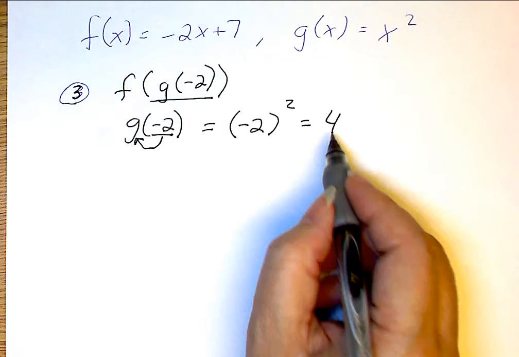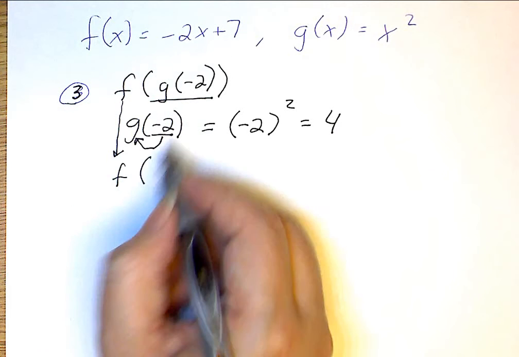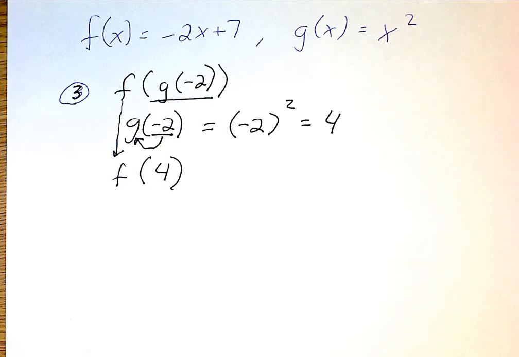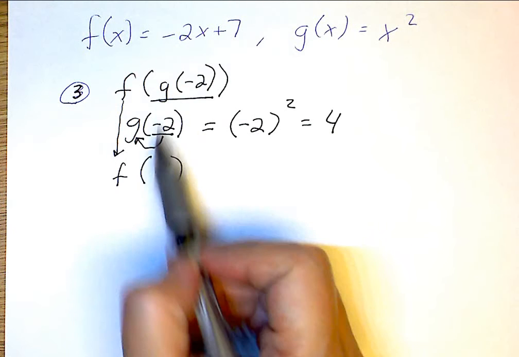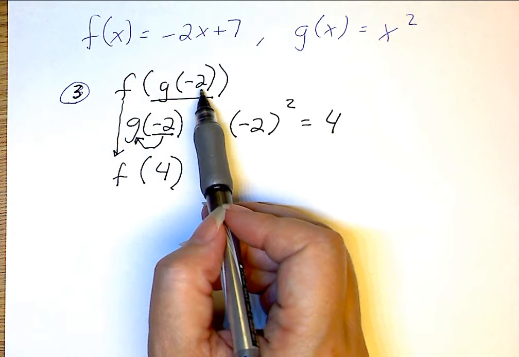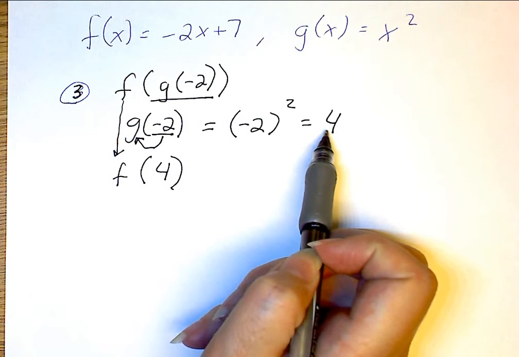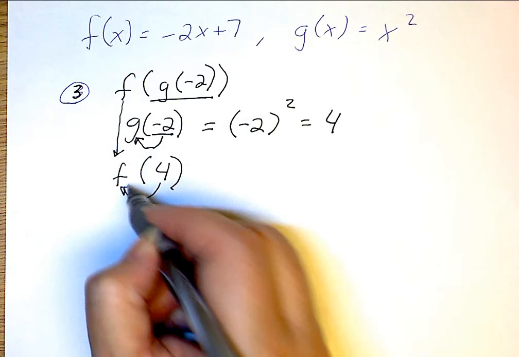Then I have to bring down this f. So I have f of 4. Do you see why I put in 4? Because it says g of negative 2, and g of negative 2 was 4. So for f of 4, I put the 4 in for that x.